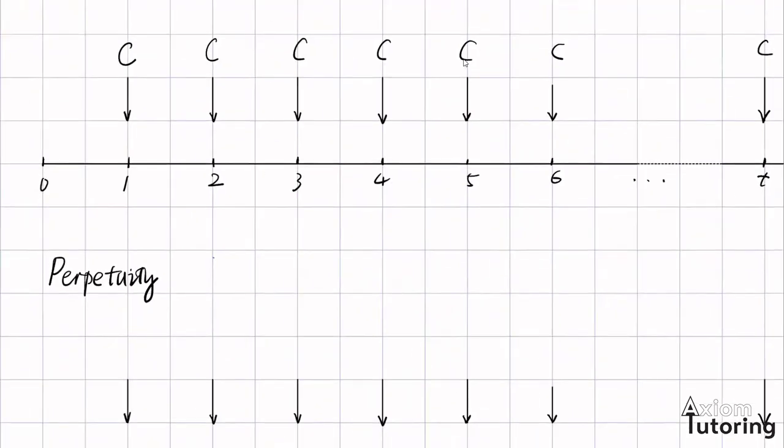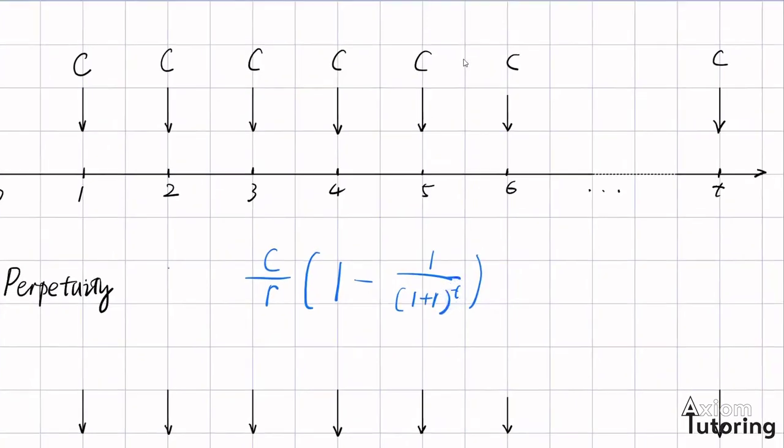So remember the annuity formula where we have C over R times 1 minus 1 over 1 plus R to the power of t. But here we don't have a specific t, because we said it's indefinitely into the future.